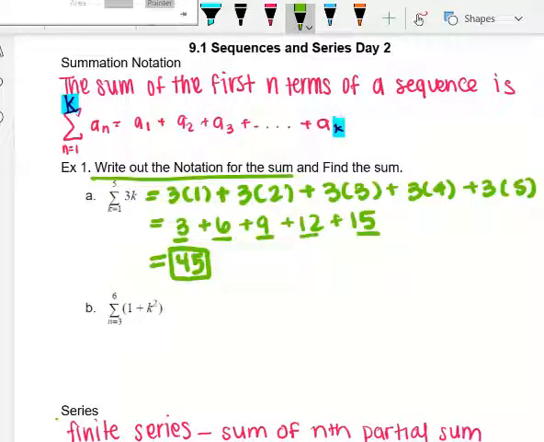Okay, the next one is going to be the series that starts at n equals 3 of 1 plus k squared and ends at 6. So we're going to go ahead and expand it. 1 plus 3 squared, because that's where our values start at. And then you keep on going until you get to the last one, which is 6.